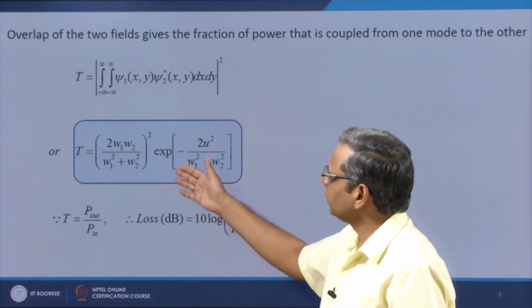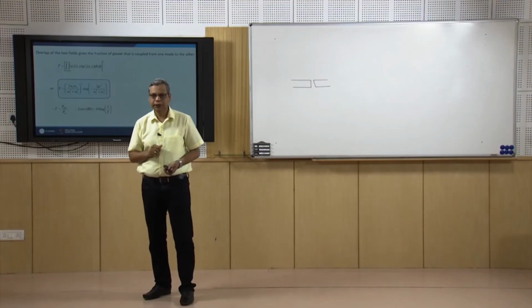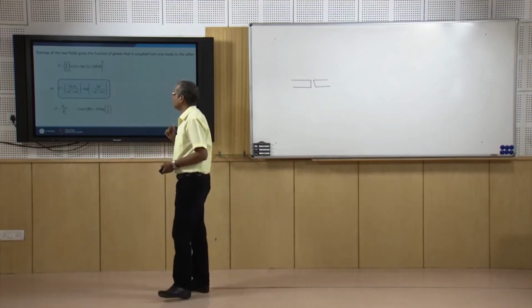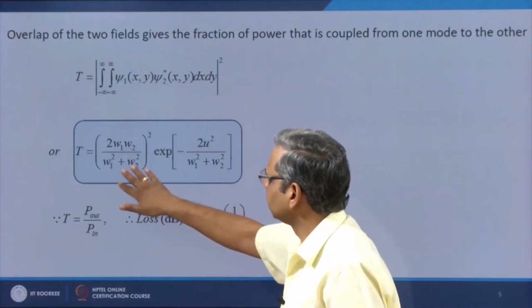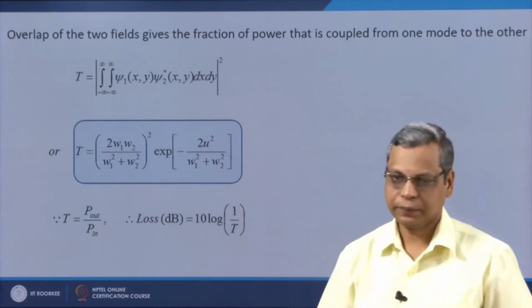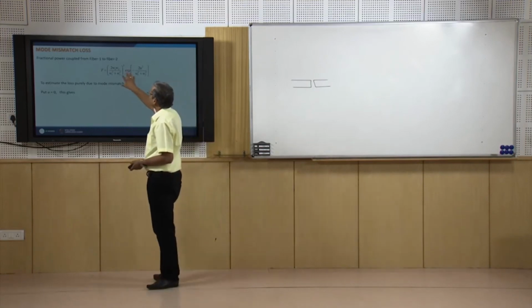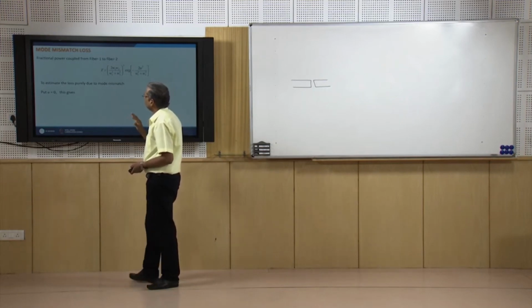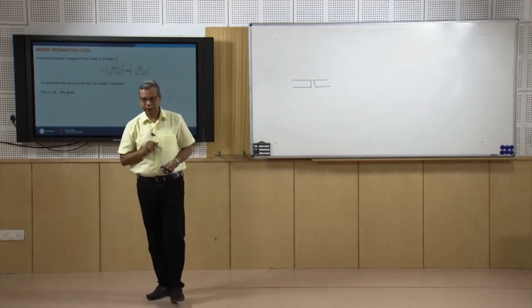I can see from here that if the two fibers are identical and there is no offset loss, then this T should be equal to 1, and I can check that out. If W1 is equal to W2, then this term becomes 1, and when U is equal to 0, this term becomes 1. So, from this expression of fractional power coupled from one fiber to another fiber, I can estimate the loss which is purely due to mode mismatch.